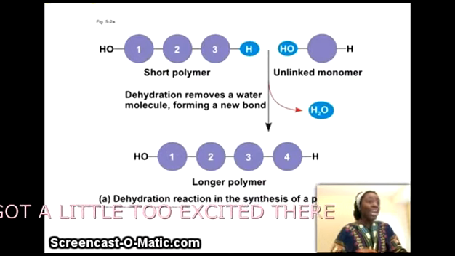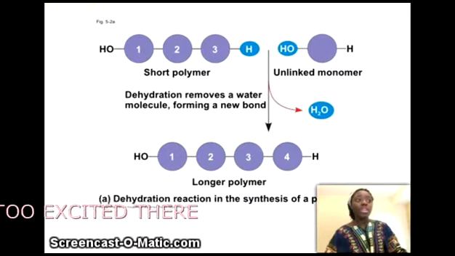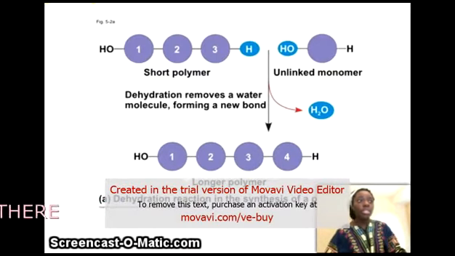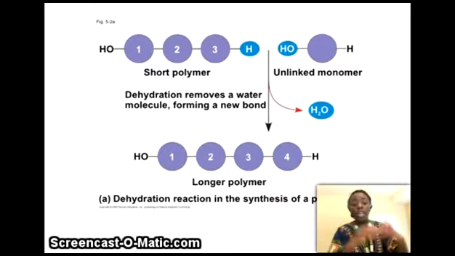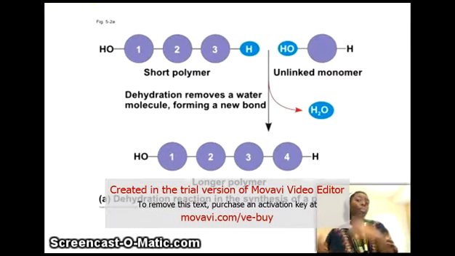A polymer is a long molecule consisting of many similar building blocks. These are small building block molecules. The polymer is the long molecule consisting of the smaller building blocks, and those smaller building blocks are called monomers. So a lot of monomers make one polymer.